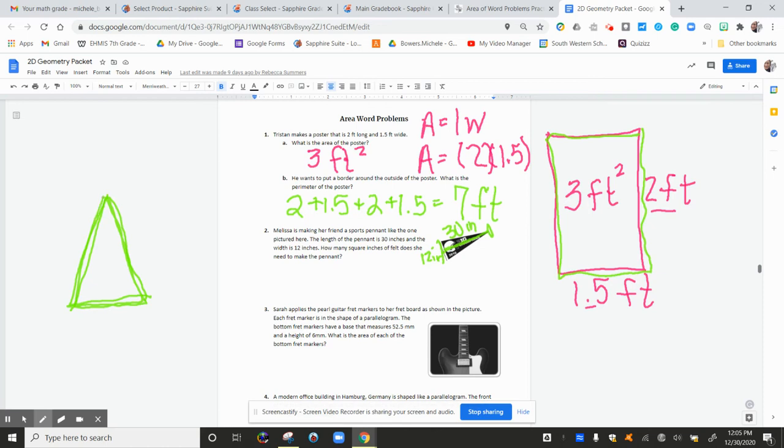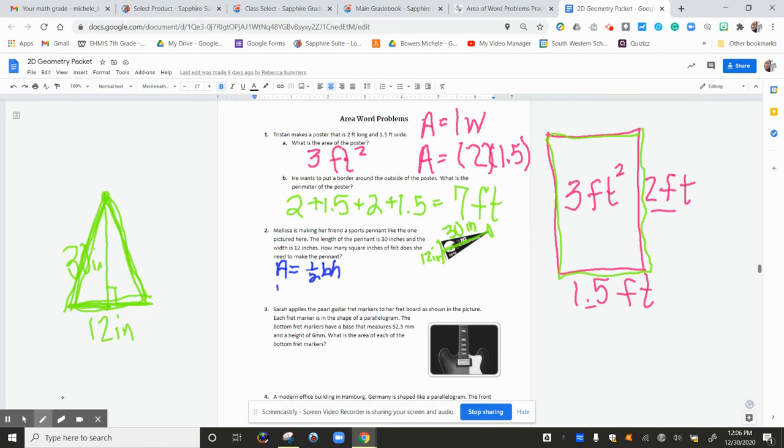This pennant is an isosceles triangle. That means these 2 legs are the same, and this side down here is a different size, 12 inches. When they measure it from the tip to the side, they measure perpendicular, so this is 30 inches. That's the height. To find the area, I rewrite the formula: area equals 1/2 times the base times the height.